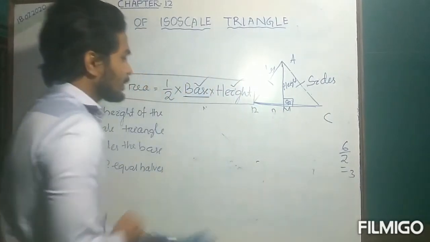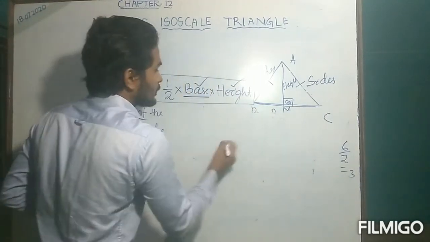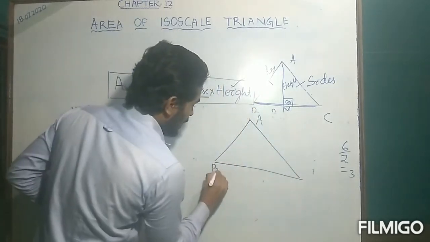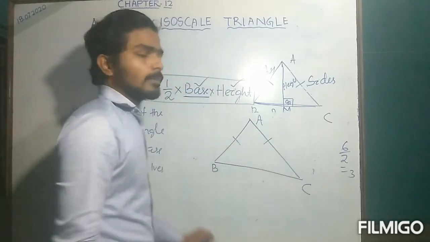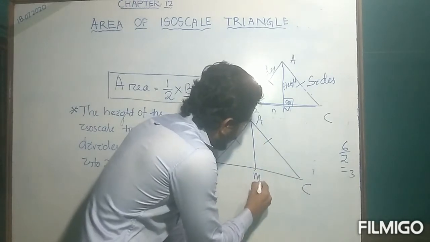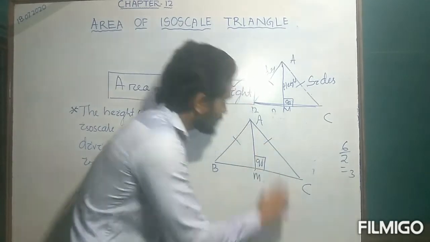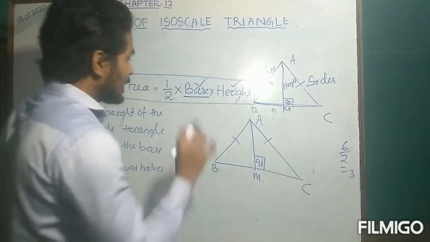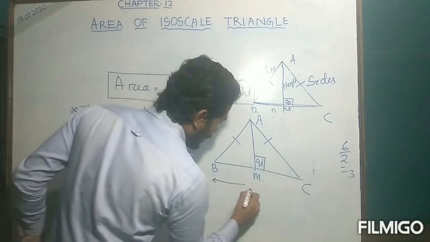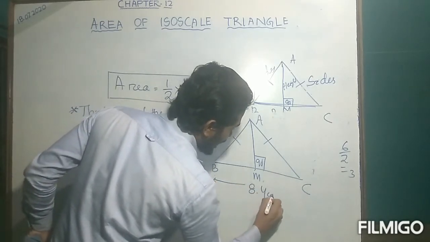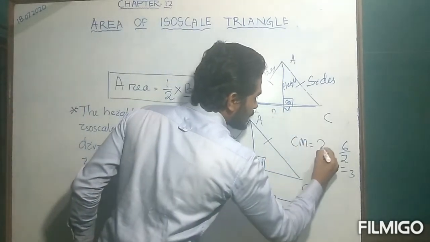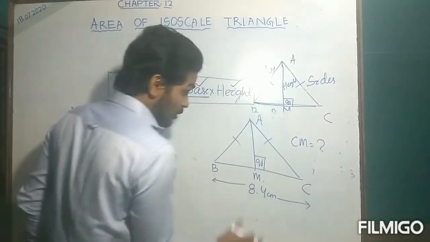So the first problem is, if ABC is an isosceles triangle, and AM is the perpendicular height, and the total distance BC is 8.4 cm, the question asks us to find the value of CM.